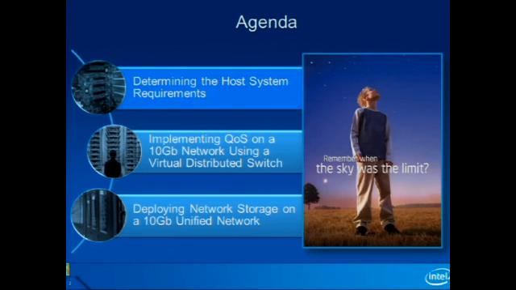Really I'll talk about what is going to impact you as far as a 10 gig deployment, how to take full advantage of the network, and then also get into the unified storage. So some of the new features around FCoE and iSCSI, how to use those, and some of the gotchas that you will start seeing as network traffic increases.